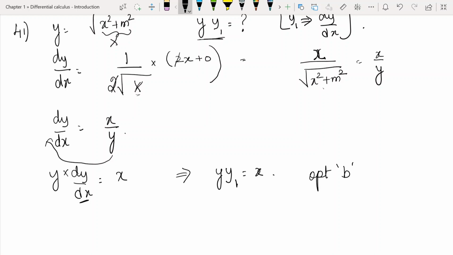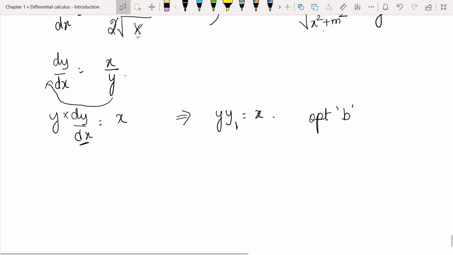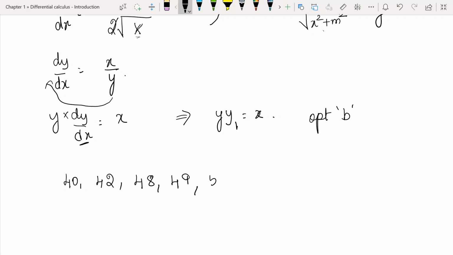So friends, these are the miscellaneous problems. I would suggest that you do problem numbers 40, 42, 48, 49 and 50 as self-practice, which are similar to the problems that we have done in this lecture.